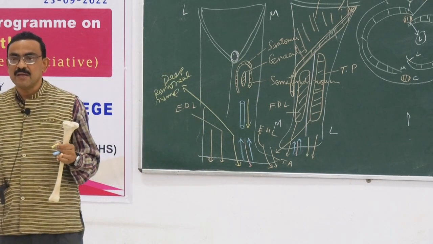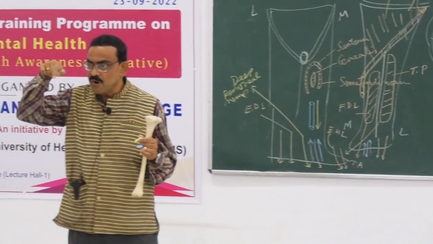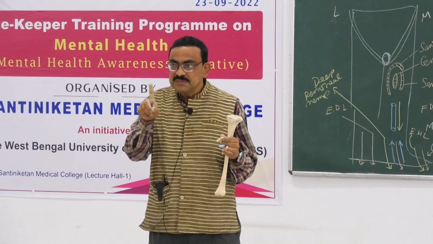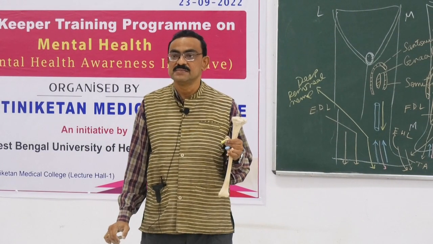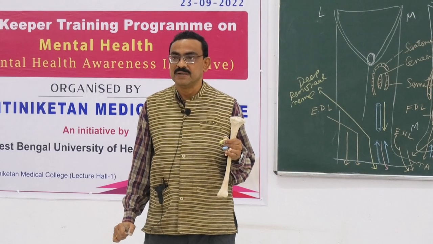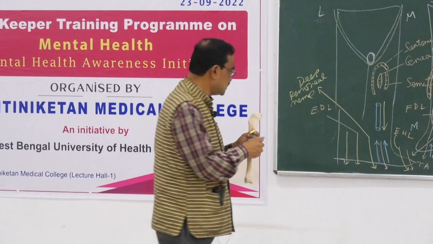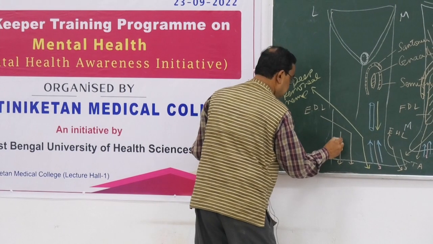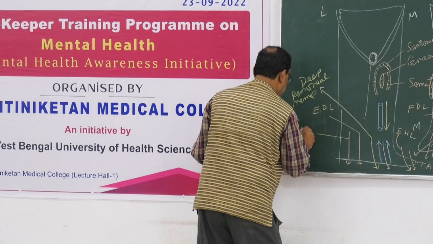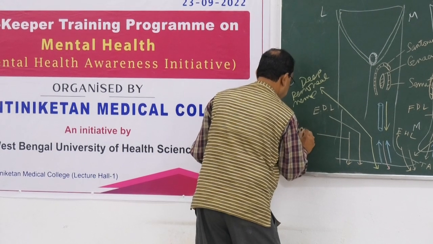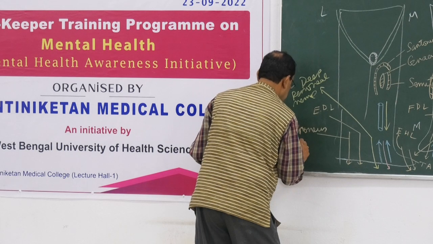And absolutely laterally, there is another small tendon from the peroneal compartment, which is called peroneus tertius.